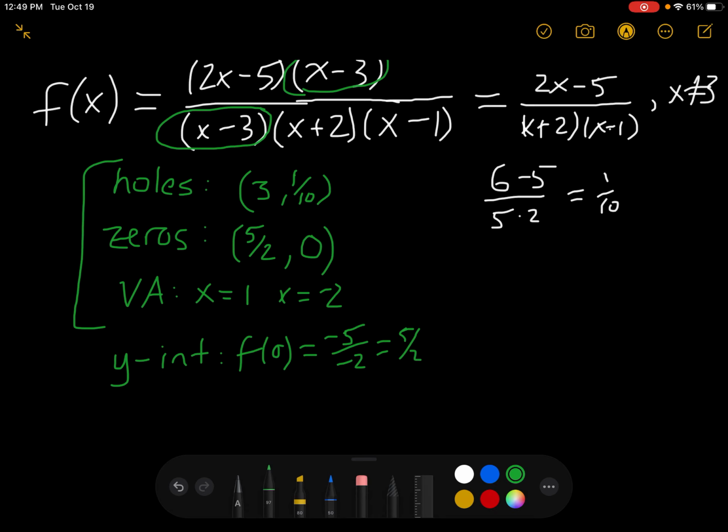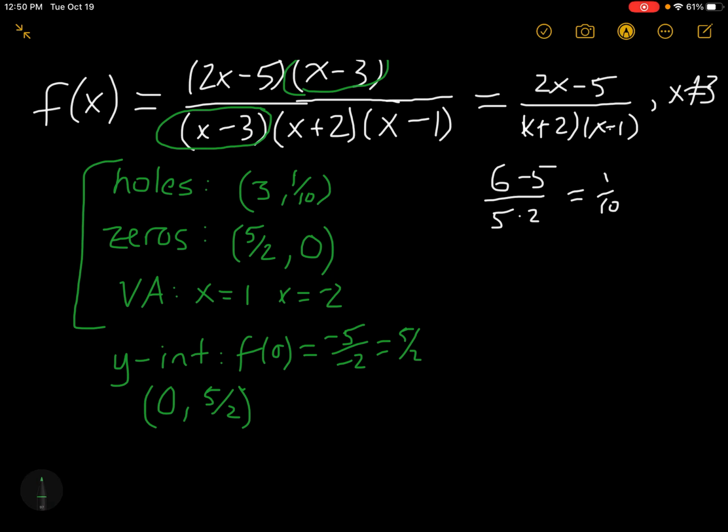So that's going to be the point 0 comma 5 halves. Not to be confused with the zero we had at 5 halves comma 0. Those are both points on this graph, 5 halves 0 and 0 5 halves. All right. One more important detail before we graph: the end behavior, right?